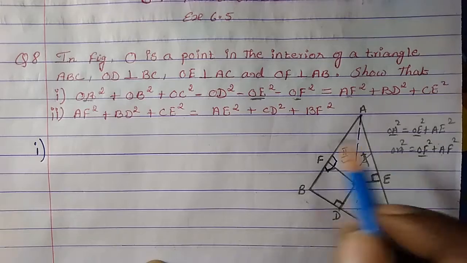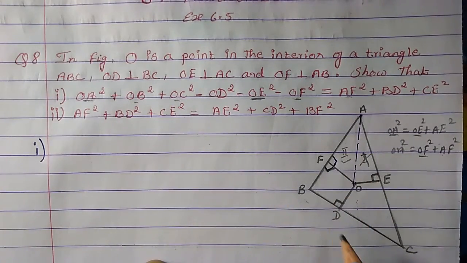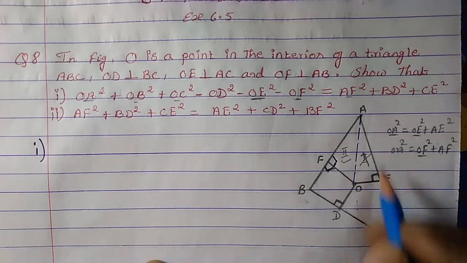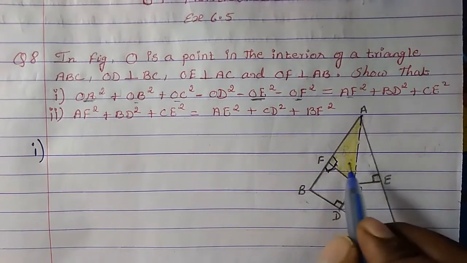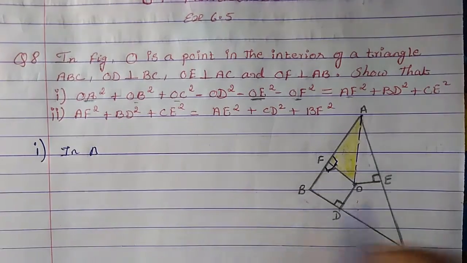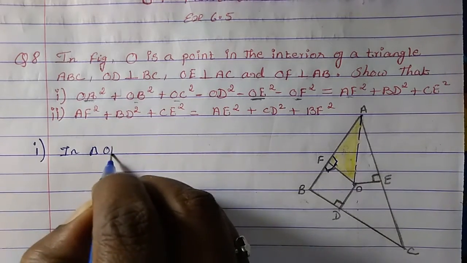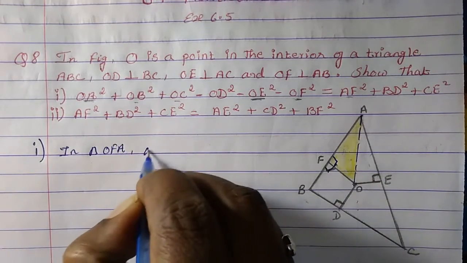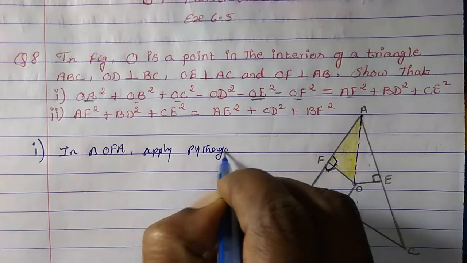Same way we have to do it for OB square and for OC square also. I'll just clear up now. So I have highlighted which triangle we have taken. So let's take triangle OFA, apply Pythagoras theorem.